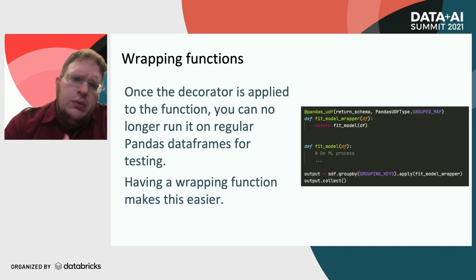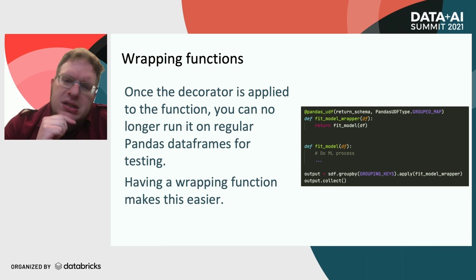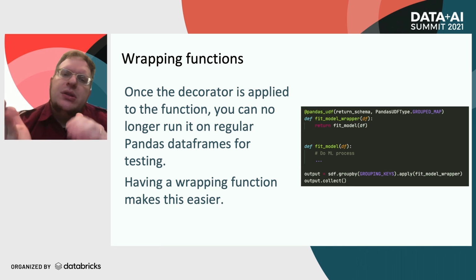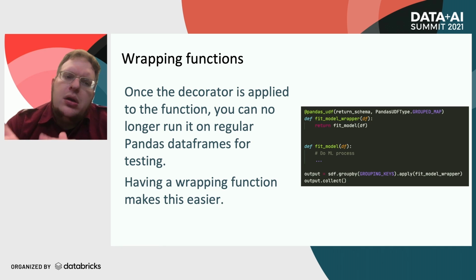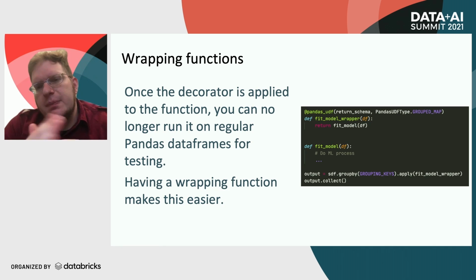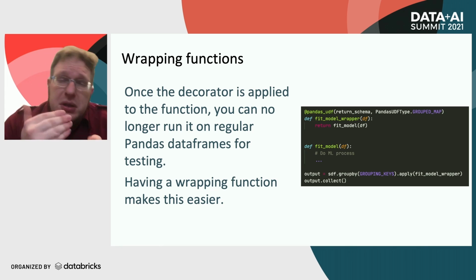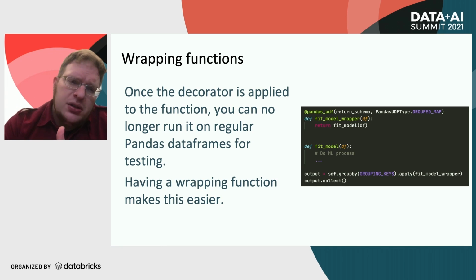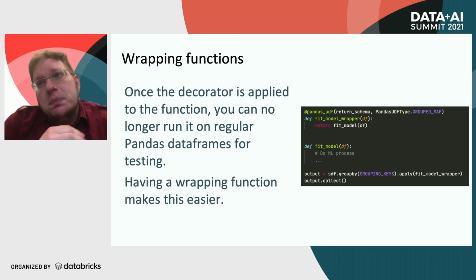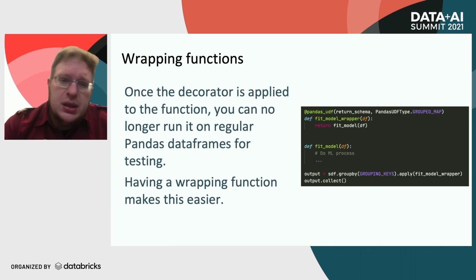If you are working with PandasUDFs, one thing to note is that as soon as you apply the decorator, the function no longer works on a pandas data frame. My initial approach, when I was trying to handle errors, was to comment and uncomment the decorator. But I quickly realized another thing we can do around this is just to have a wrapper function.